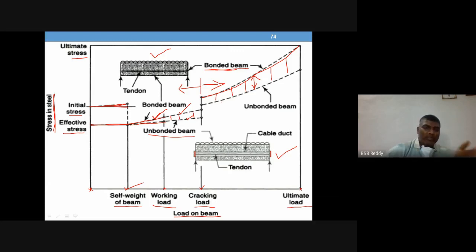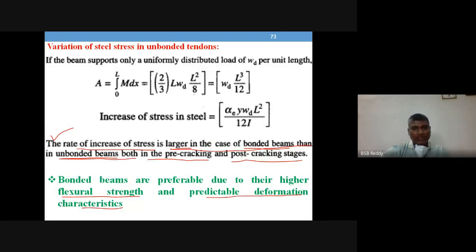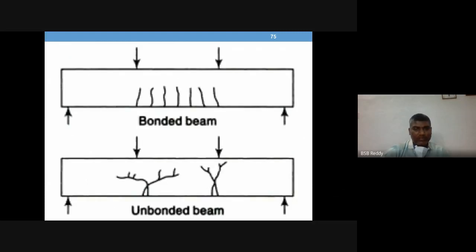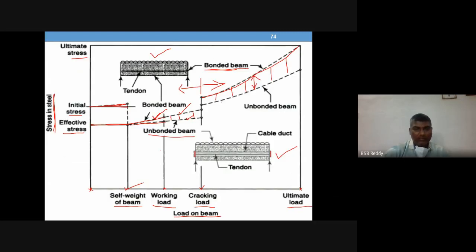So both in pre-cracking and post-cracking, in both the cases, the bonded beams are having higher stresses, and rate of increase also is going on increasing. The gap is also increasing. So the rate of stress increase is increasing, right? So that is what we can say about this diagram.